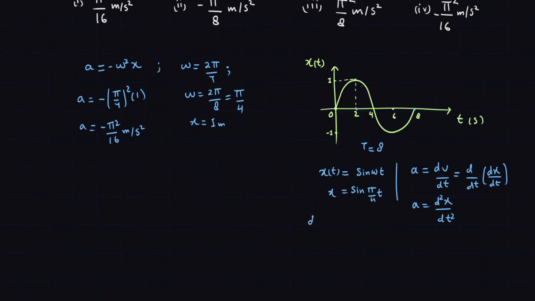Differentiating with respect to time, the first derivative will be, the differentiation of sine is cos, cos pi by 4 t. Also the internal differentiation of this angle will be pi by 4, that will multiply here.